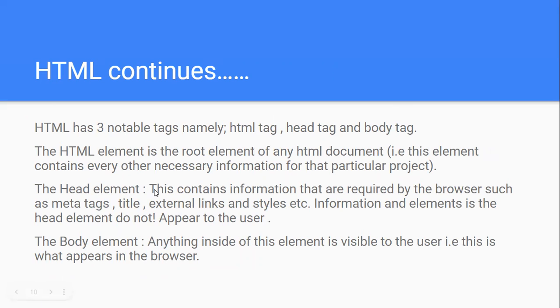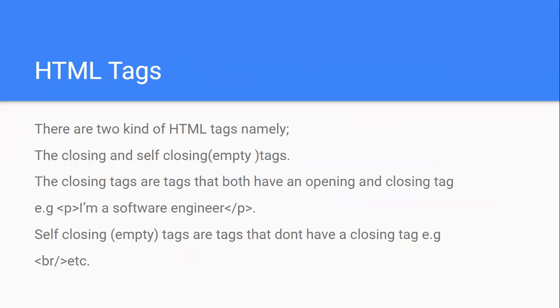Then we also have the head element. This contains information that is required by the browser, such as meta tags, title, external links, and styles. Information and elements in the head do not appear to the user. So whatever is inside your head element, the users cannot see it. So we have the body element, and anything inside this element is visible to the user. So that is where most of our code is written.